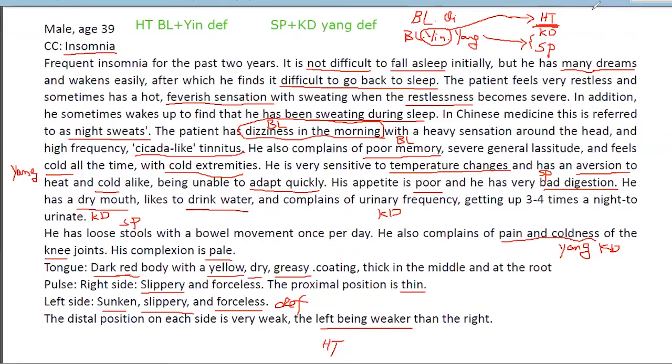Okay, yeah, I understand what you mean. So basically, for heart pattern, we have all the deficiencies there. We can have heart qi deficiency. We can have heart yang deficiency. We can have heart yin deficiency.